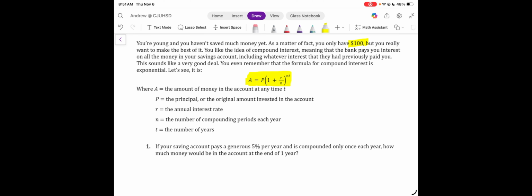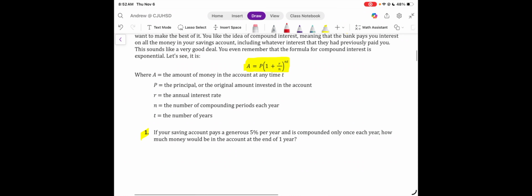So number 1, if your savings account pays a generous 5% per year, and that is pretty good, and is compounded only once each year, how much money would be in the account at the end of 1 year? So the amount is equal to 100 times 1 plus the interest rate, 0.05.